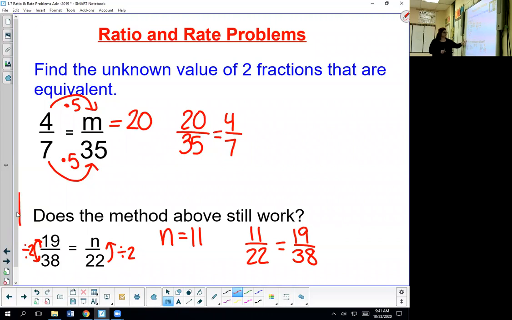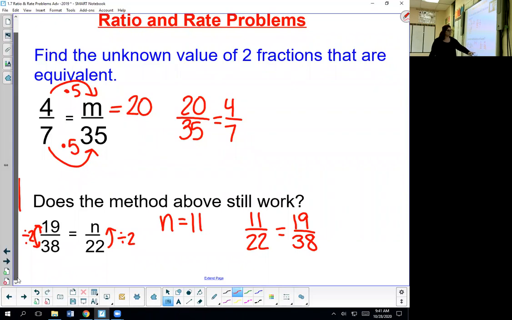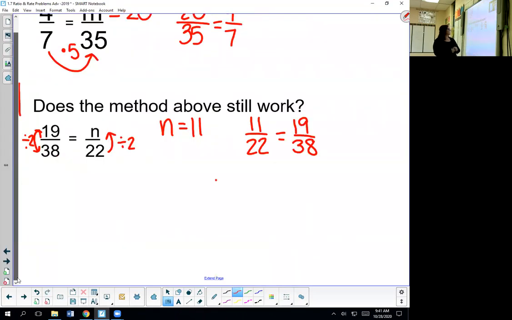So other kids said, instead of showing this, they said, Ms. Edwards, couldn't I do it like this? If I have 19 over 38, I know that I can simplify that down and make it a half. So then can I say 1/2, instead of using this, is equal to something over 22?